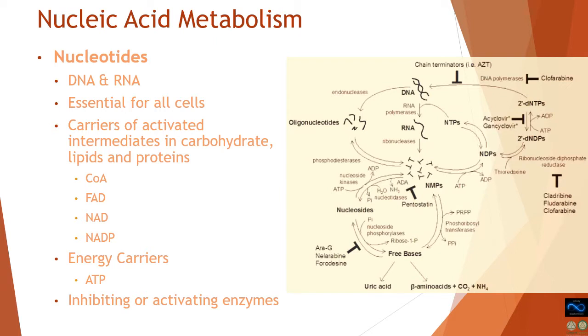Furthermore, they are also helpful in making some intermediates in carbohydrate, lipid, and protein metabolisms like coenzyme A, FAD, NAD, as well as the energy currency of the cell, ATP itself, sometimes replaced by GTP as well. Sometimes they also help in regulation of metabolism by inhibiting certain enzymes. So this is the importance of nucleic acid metabolism.